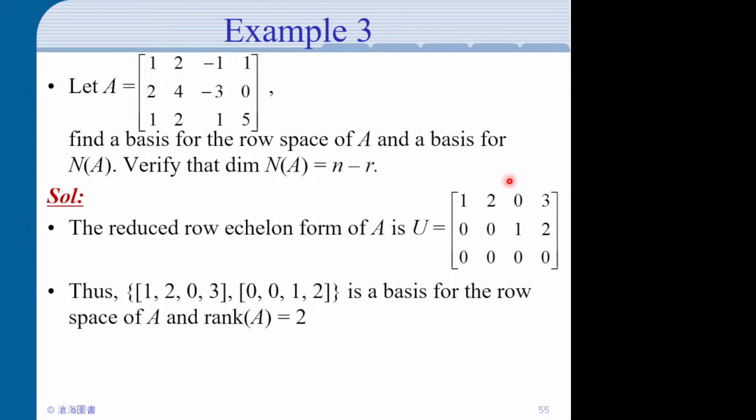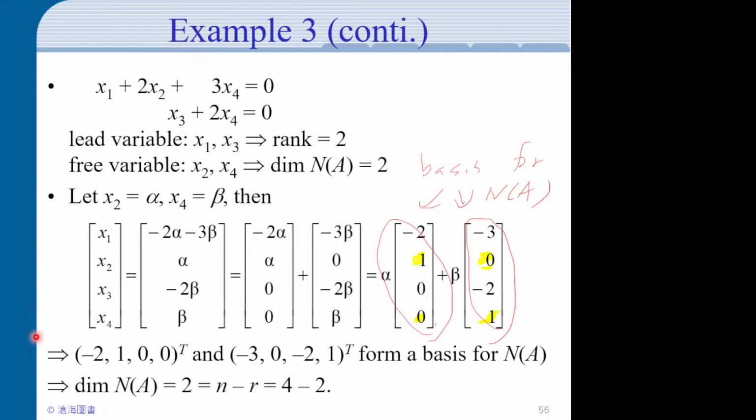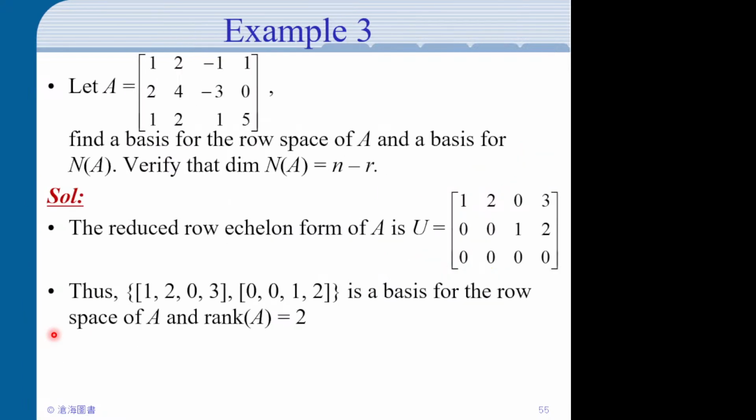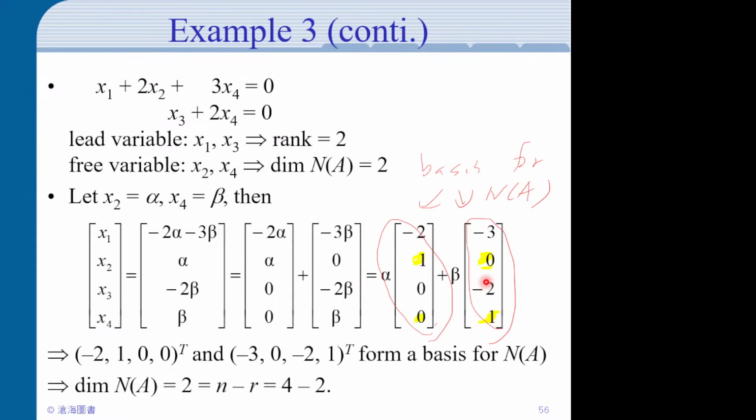And as before, we know the number of lead variables equals the dimension of the row space, so it's 2 here. And also from the calculation before, when we talked about null space, we see that the null space is spanned by as many vectors as the number of free variables. Okay.